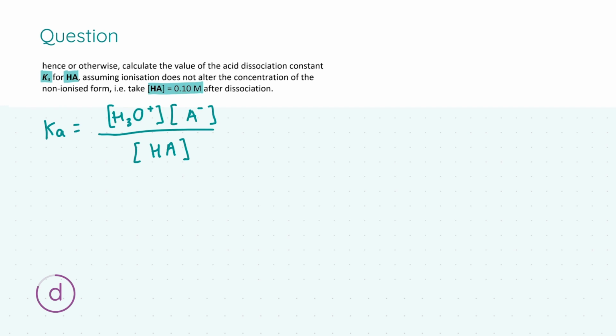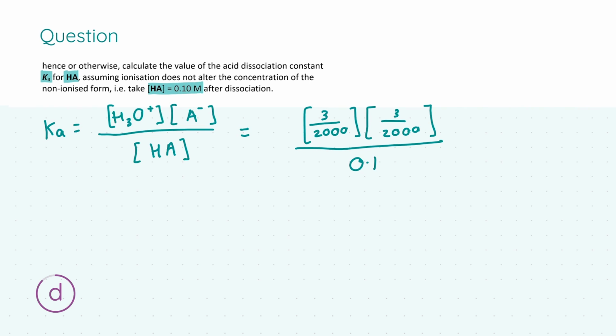We know the molarity of H3O plus and A minus from part D part 2 to be 3 over 2,000 moles per litre. Okay, so 3 over 2,000 for H3O plus and the same for A minus. And we're told the molarity of HA to be 0.1.